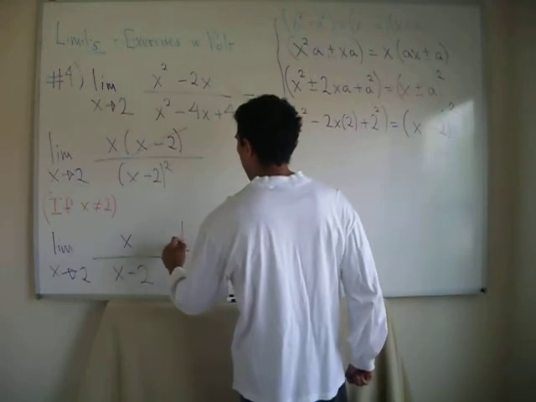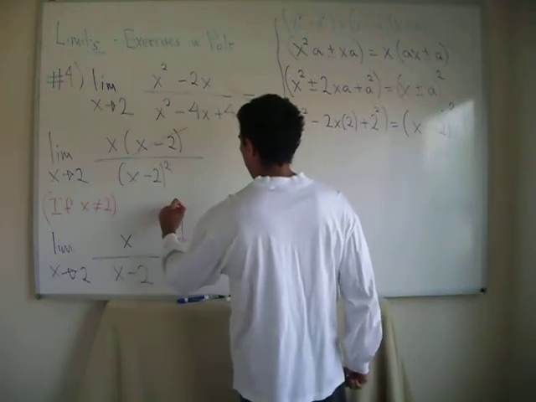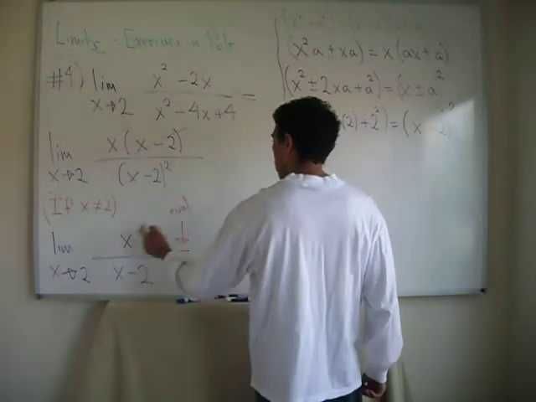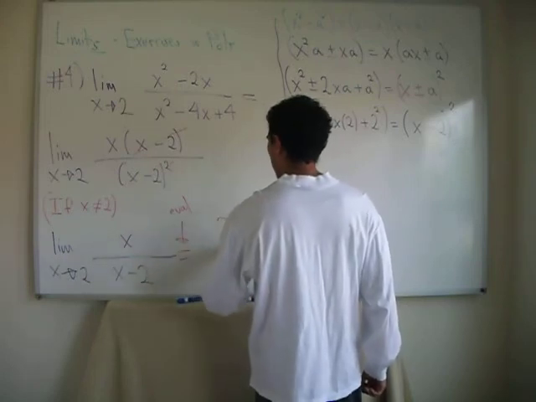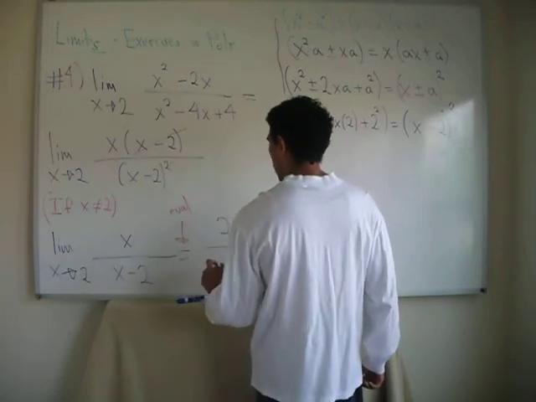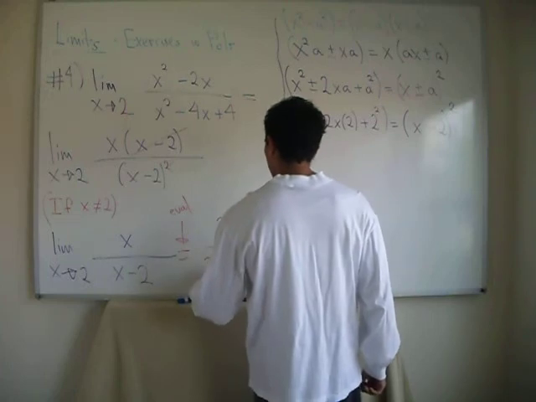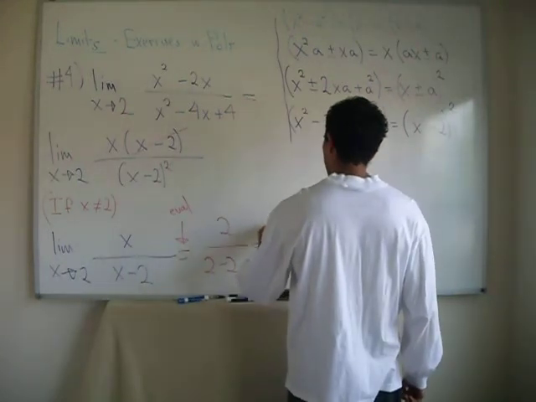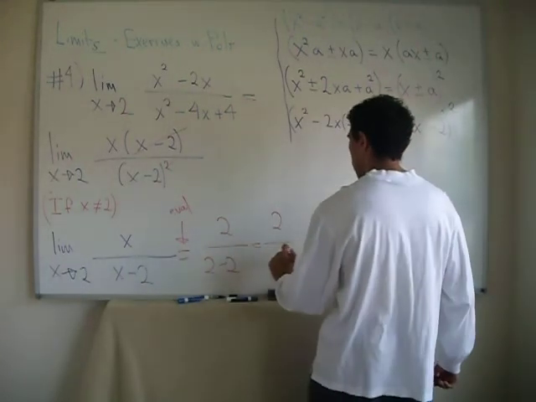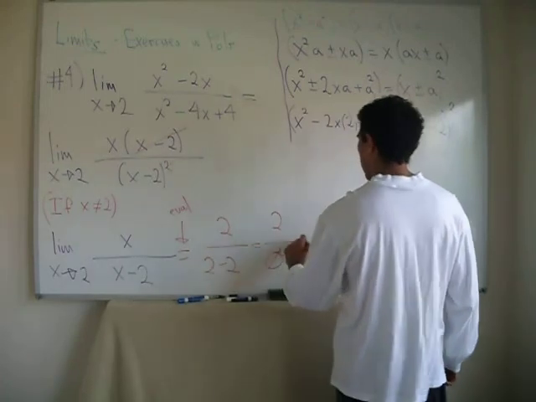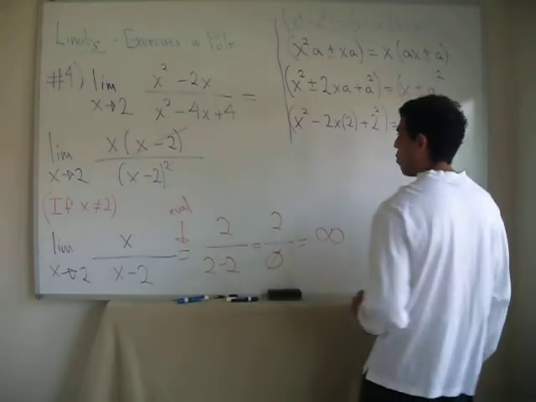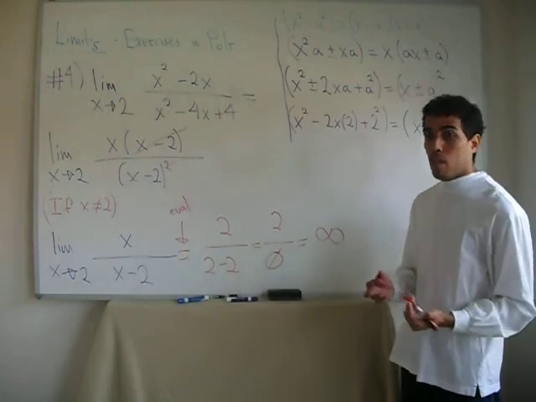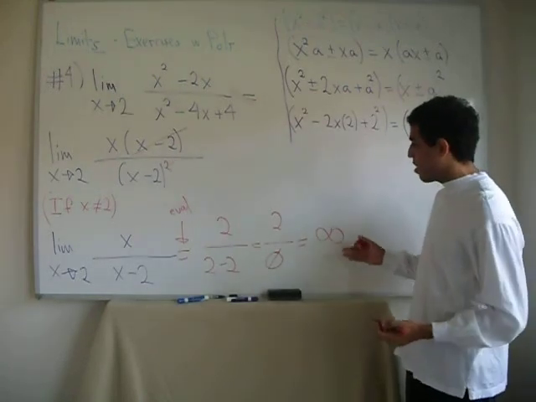I can evaluate because I got rid of the indetermination. 2 on top, because x is 2, and 2 minus 2 is 0. So I end up having 2 over 0, and this is infinite. Oh man, do I have to do another thing to the limit? No, wait, again. This is the answer to the problem.